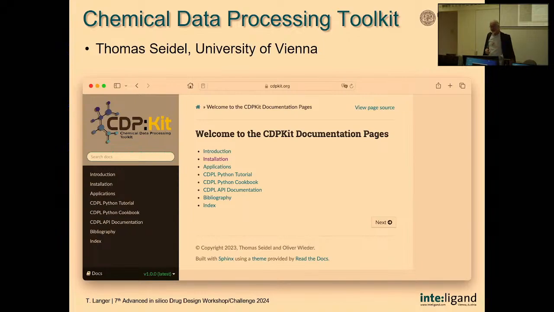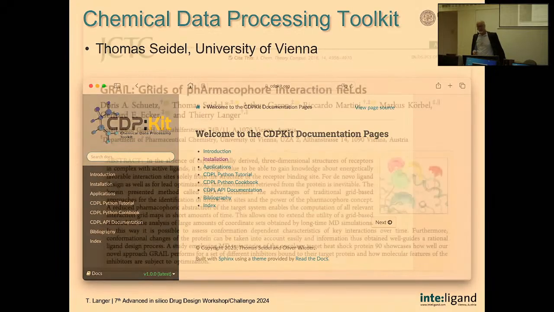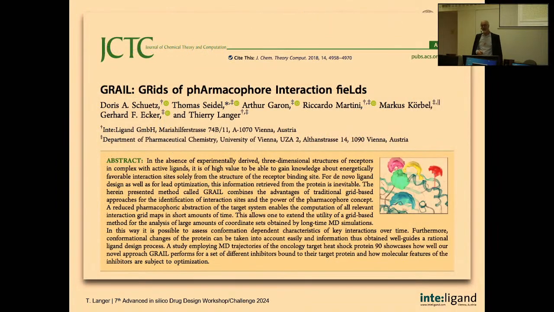And one of these things is GRAIL, the grids of pharmacophore interaction fields, that we used to characterize MD trajectories the other way around, without looking at the ligand, but only looking at the protein, to find pockets and describe the pocket's characteristics. Which kind of features could a certain pocket fill, right?